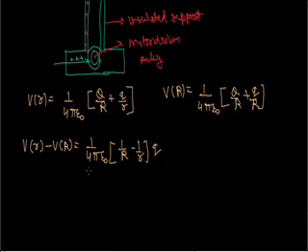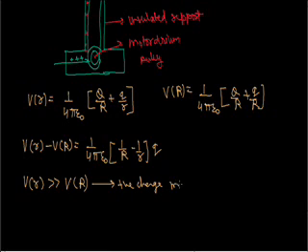So the potential here is less than here, and positive charge will move from higher potential to lower potential. V r is greater than V R.